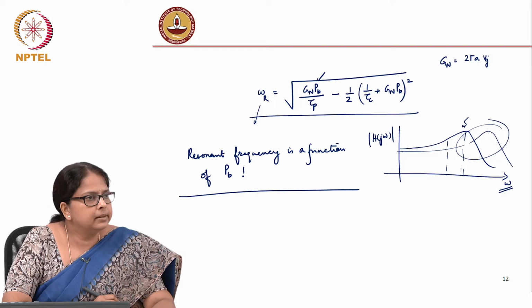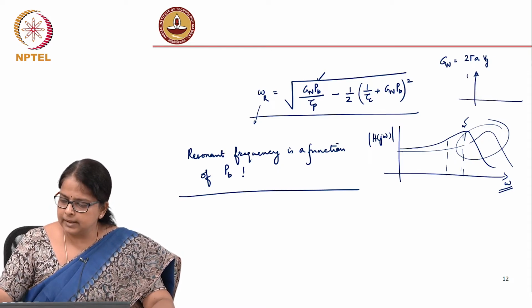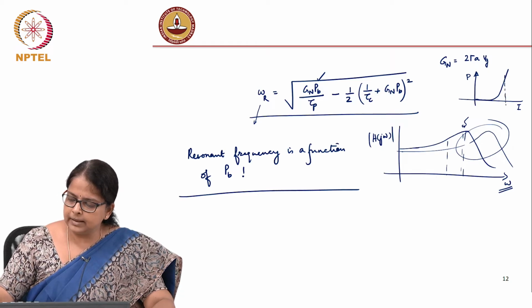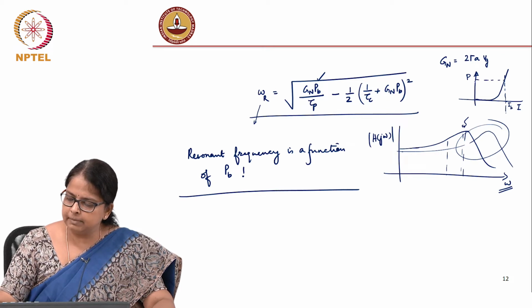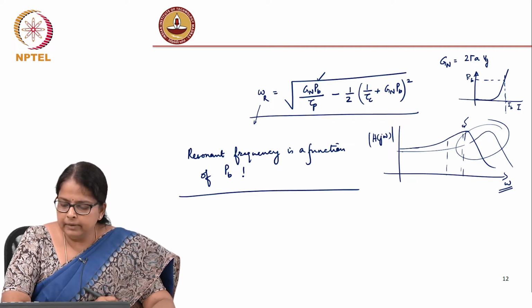Pb is the output power or photon number. Let us say this is power or photon number versus current. We know that there is a threshold behavior, and we are trying to bias at this point. Let us say Ib is my bias current, corresponding to that there is a power, that is my Pb, divided by tau p.